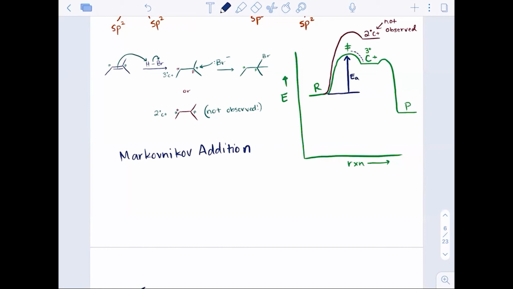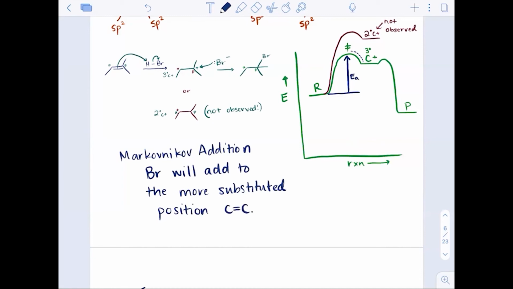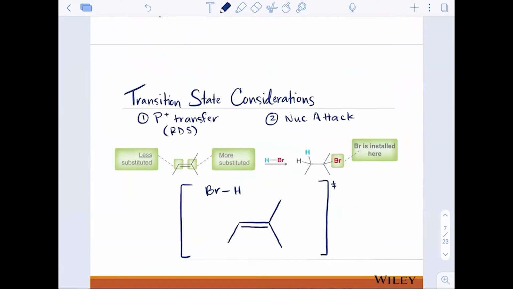Because we are going through a carbocation intermediate, the bromine will add to the more substituted position of the carbon-carbon double bond. Don't just memorize that this always happens. It always happens with hydrohalogenation, but it doesn't always happen with other reactions.